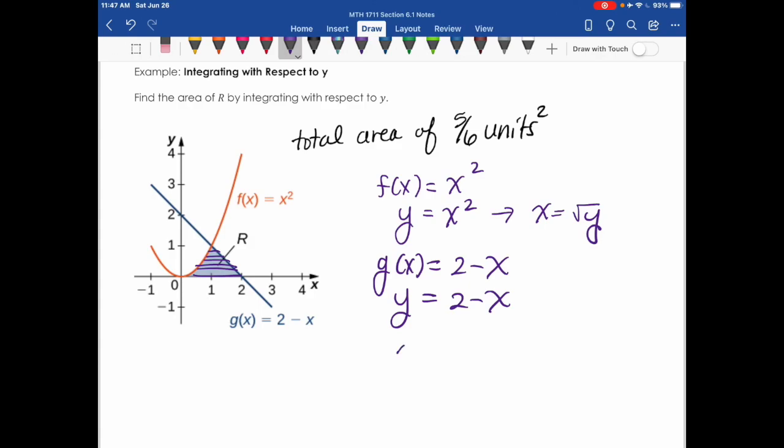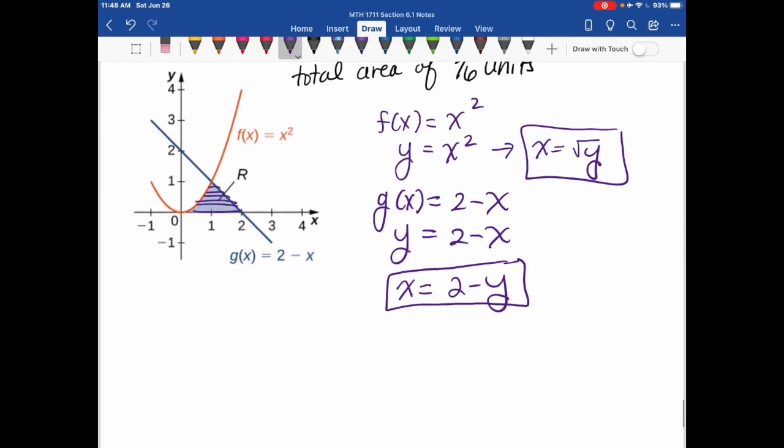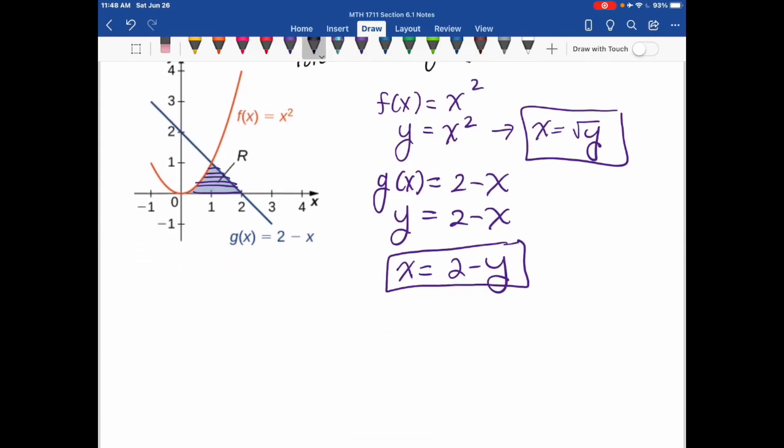I'm going to rewrite that as y is equal to 2 minus x. And when I solve that for x, I'm going to get that x is equal to 2 minus y. So now I have my functions written as x with respect to y.